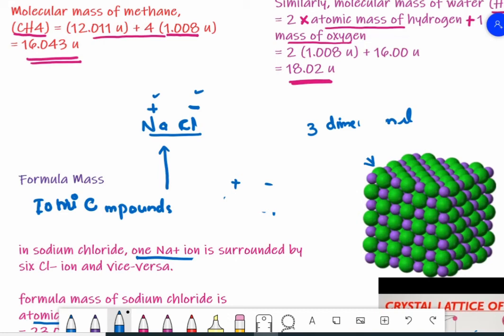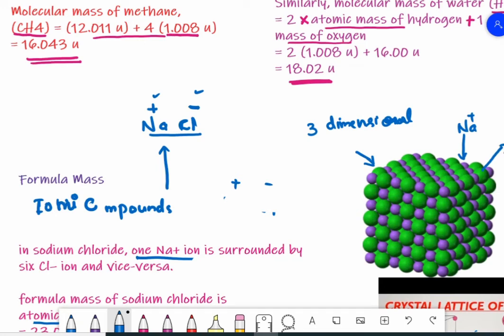We know it. So this NaCl, if you consider the three-dimensional structure, look at the three-dimensional view. These purple ions are Na plus ions, and the green, bigger ions are Cl minus ions.